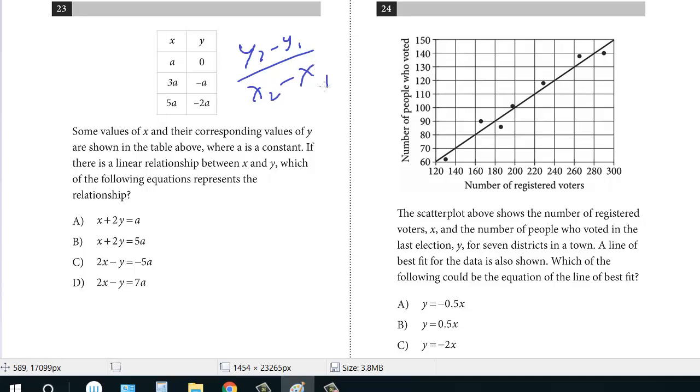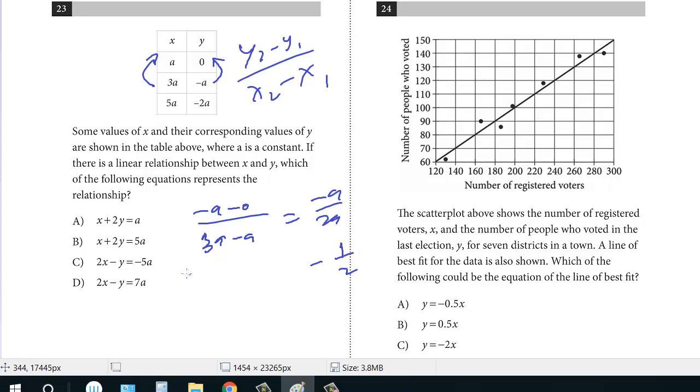It doesn't matter which values you pick, you just have to be consistent. And so I'm going to go this way. Here's my y, I'm going to go this way. So for the top, I have negative a minus 0, and then 3a minus a on the bottom. And so here's my slope. It's going to be negative a over 2a, so it's really just negative 1/2.